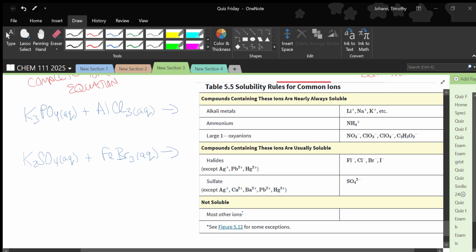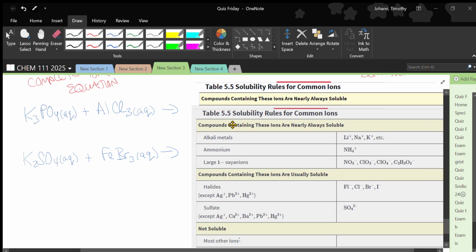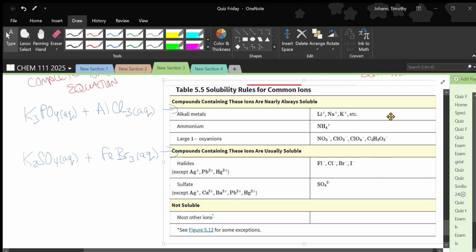No, right, phosphates aren't soluble, aluminums also aren't soluble. How about potassium chloride, soluble? Yes, everything with potassium is soluble, right? And then most things with chloride are soluble, but I didn't even need to go down that any farther, right?